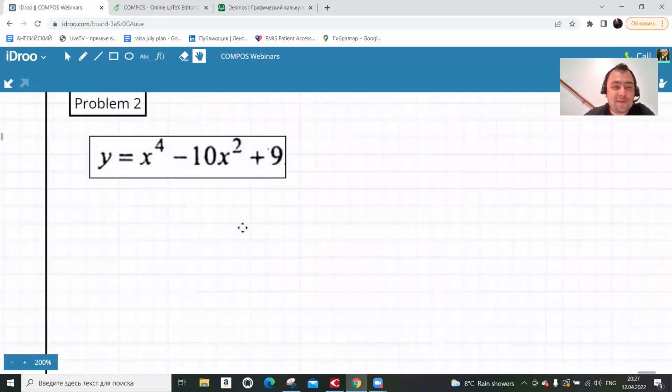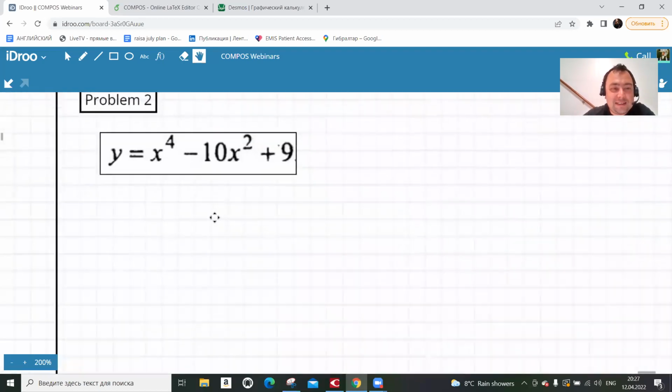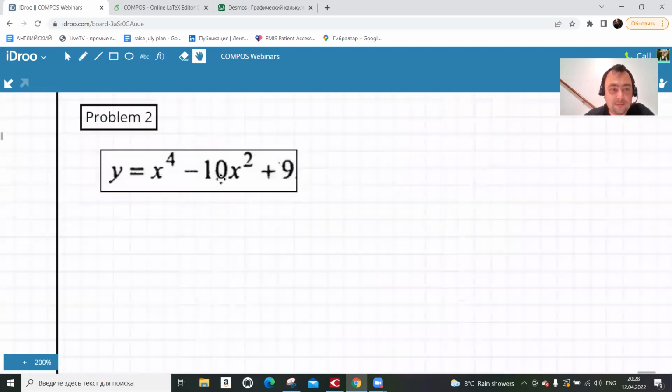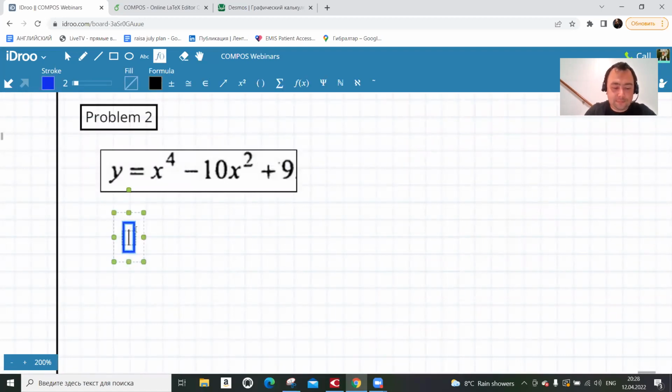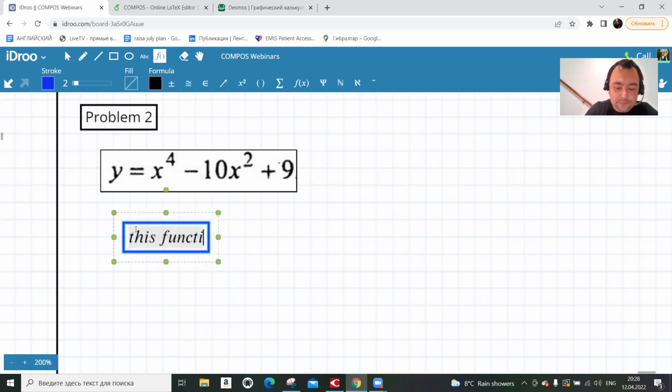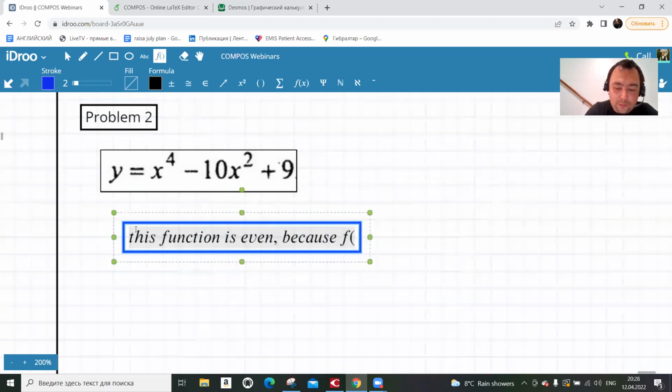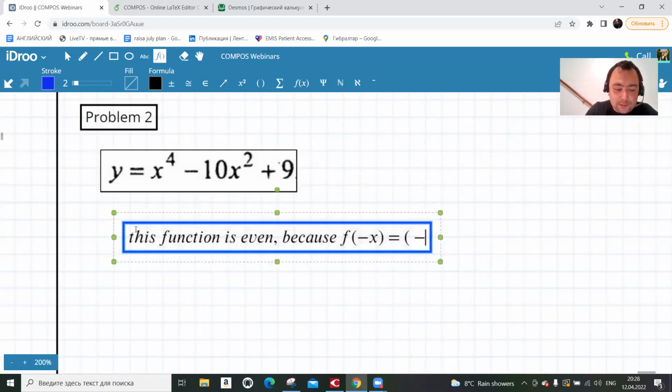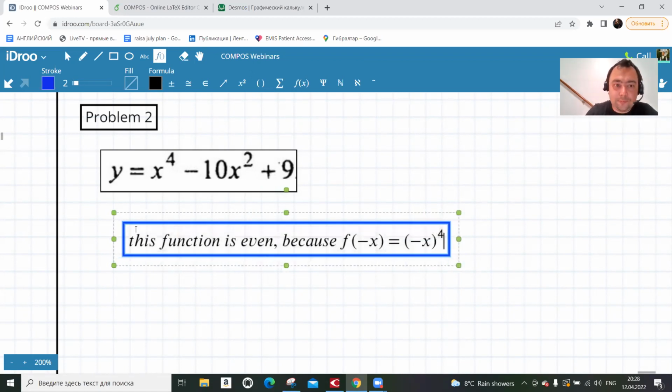So here, just a few features of this graph. It is very useful to note that this function is even. The function is even because f of minus x is equal to minus x to the power 4 minus 10 times minus x to the power of 2 plus 9.